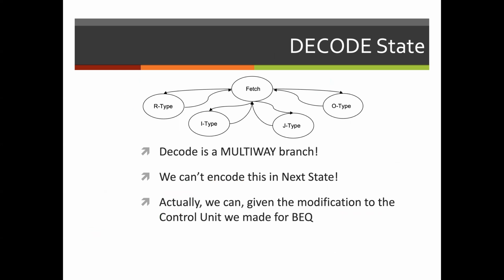And so once we've completed the fetching, we want to be able to decode it. After the IFETCH3 microstate, we'll transition into the decode microstate. Some things to keep in mind is that the decode state is a multi-way branch, so we can't encode this in the next state.